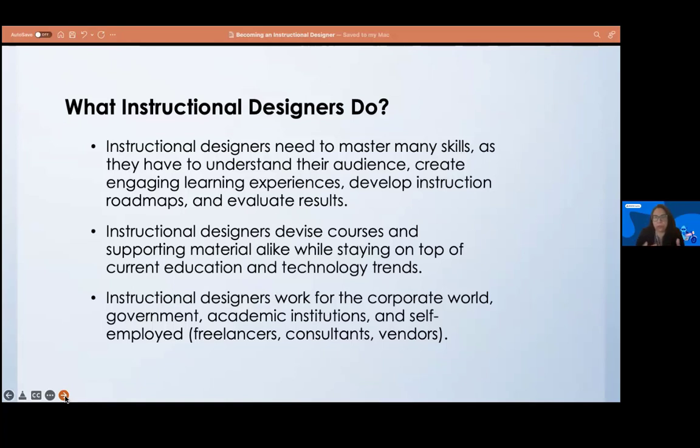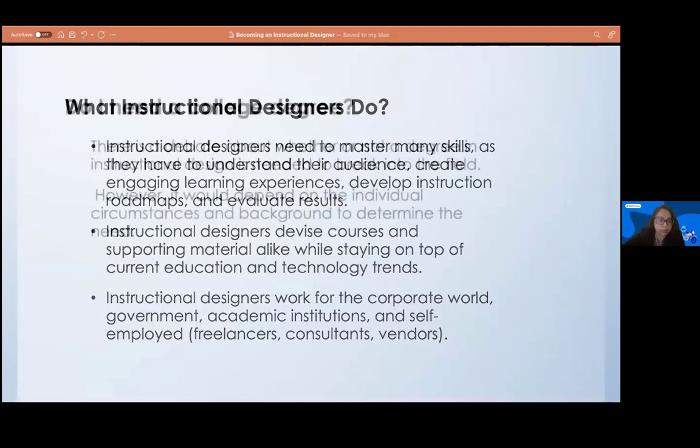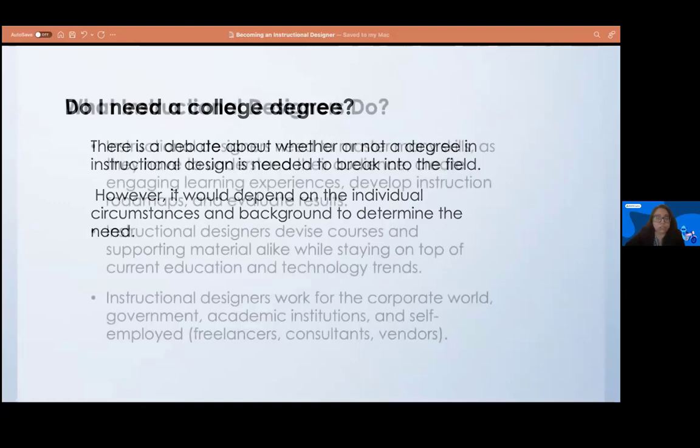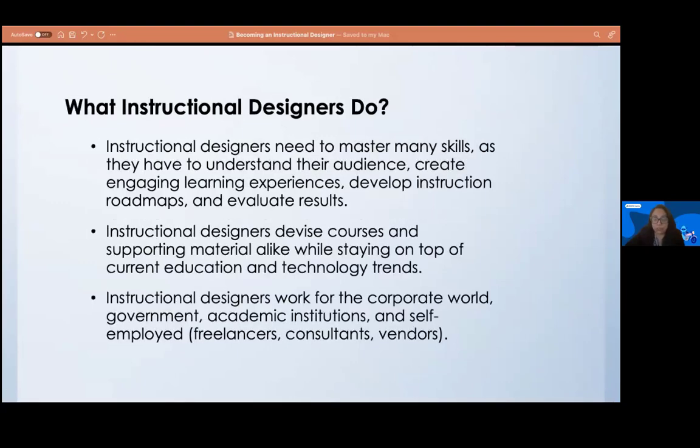This is a group of people working together. Instructional designers also devise courses and supporting materials to stay on top of current trends in technology and education. They work for the corporate world, government, and academic institutions, and they can be self-employed. They can be freelancers, consultants, or private vendors.